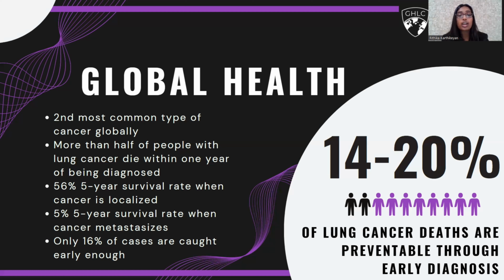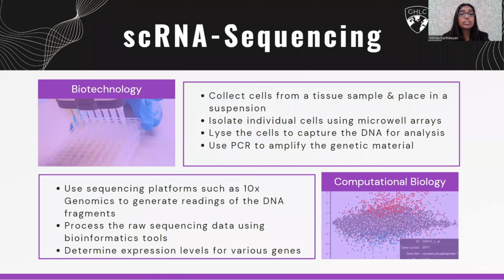Recently, I did some research on the technology of single-cell RNA sequencing, or scRNA sequencing for short. And I looked for biomarkers that indicate the presence of lung cancer by comparing the genetic code of cancerous and non-cancerous tissue samples. In essence, researchers isolate individual cells, lyse them to extract their genetic material, and then use PCR, or polymerase chain reactions, to amplify, or essentially make many copies of, the DNA.